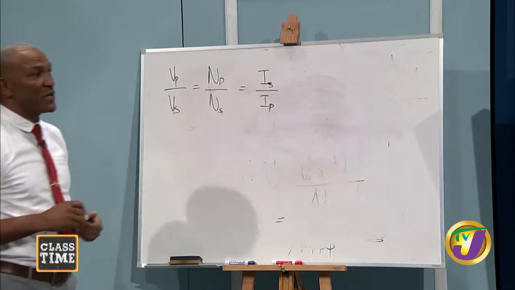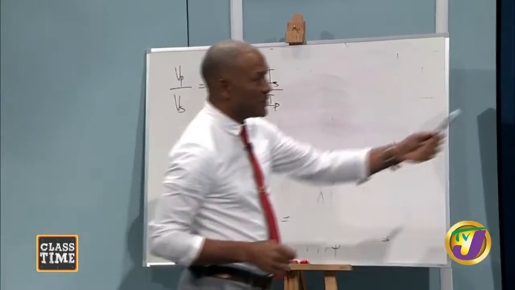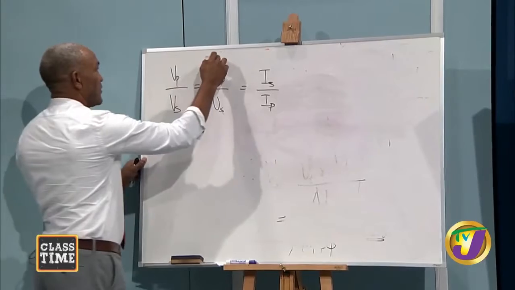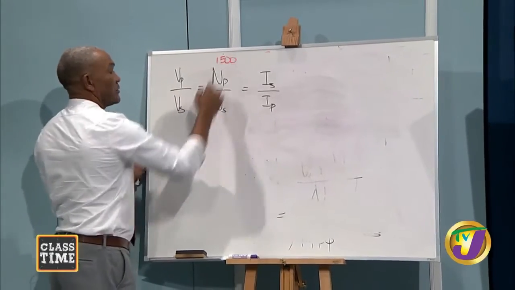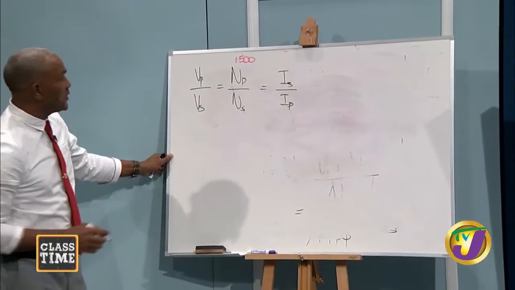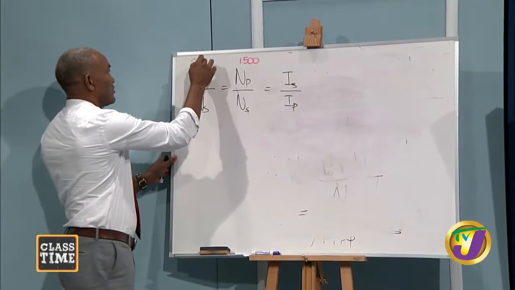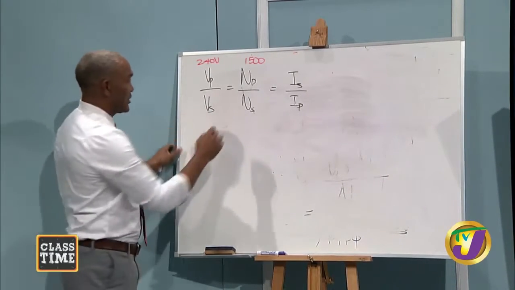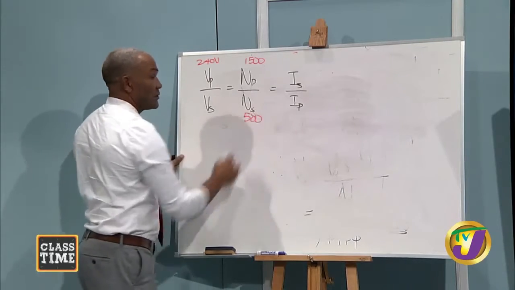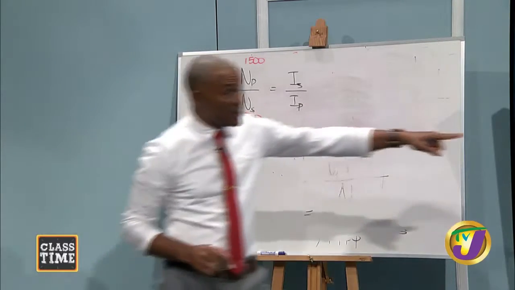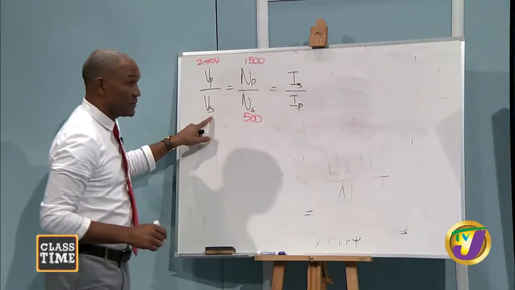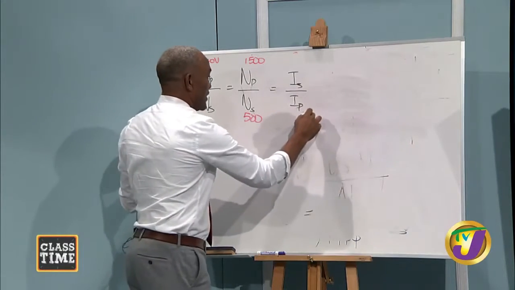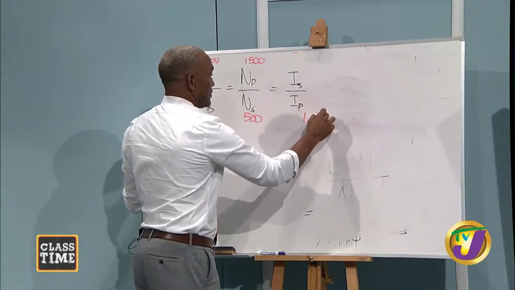All right, so we're going to plug in our values. What's Np? Np is 1500, so I could write 1500 right here. What is Vp? 240. What is Ns? 500. What is Vs? Unknown, so I'd leave Vs. What is Ip? 1.5, so I could put 1.5 right here.